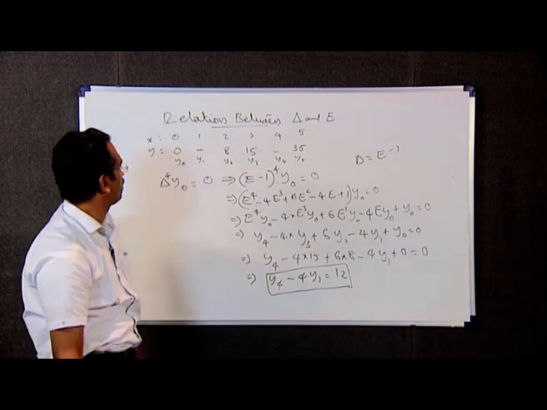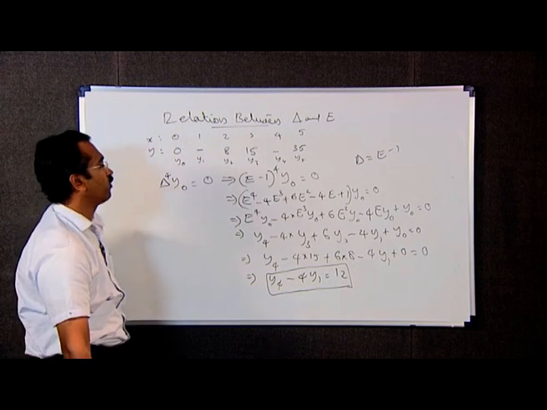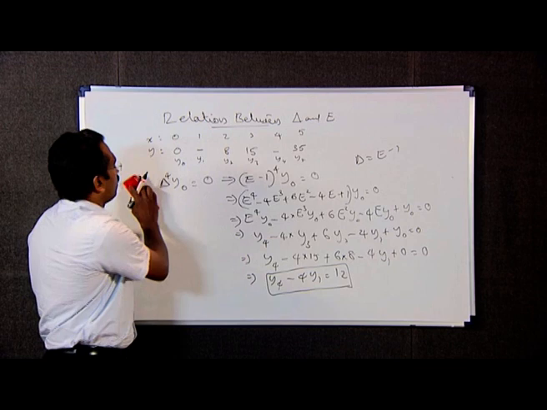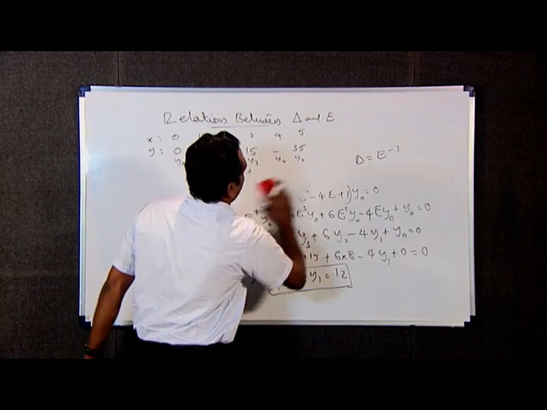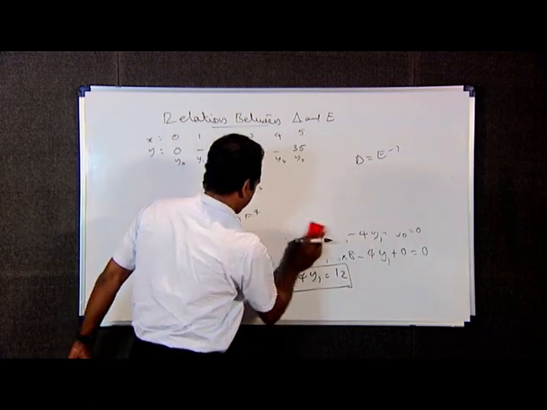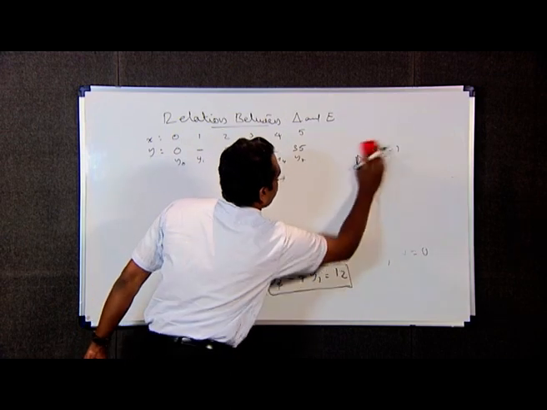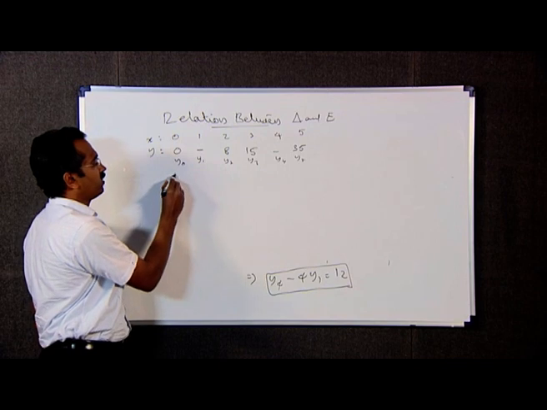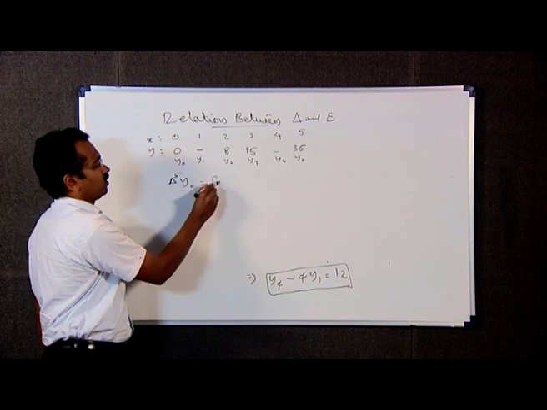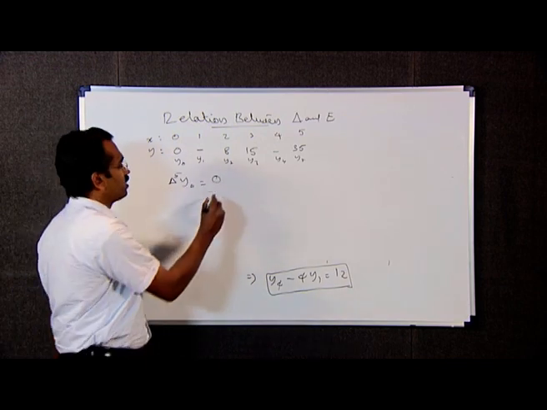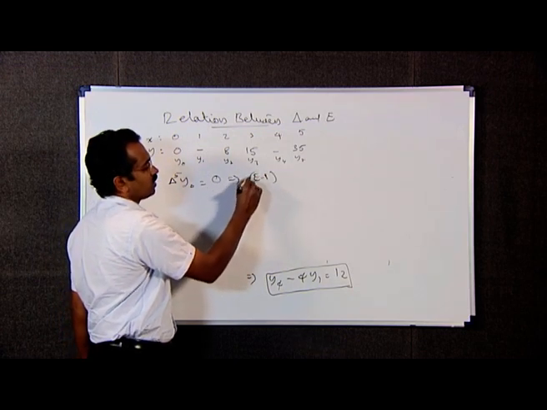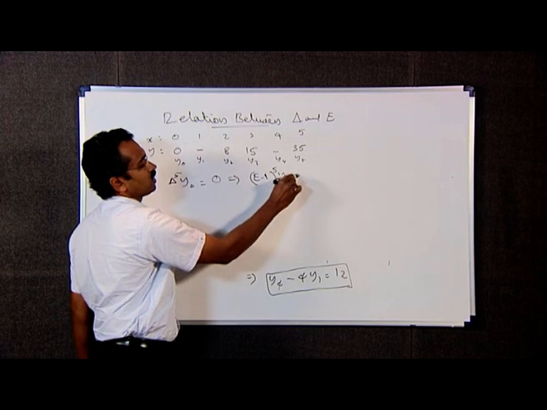Also, the fifth difference is equal to 0, which implies (E minus 1) raised to 5 y0 is equal to 0.